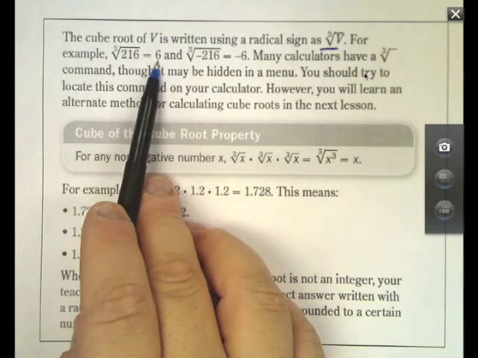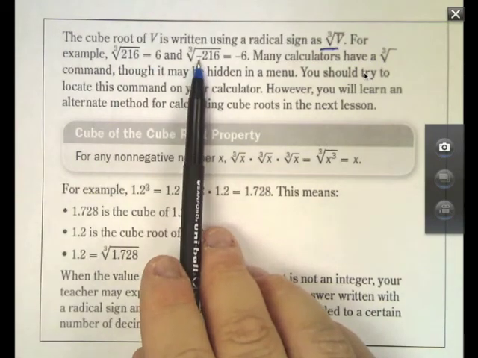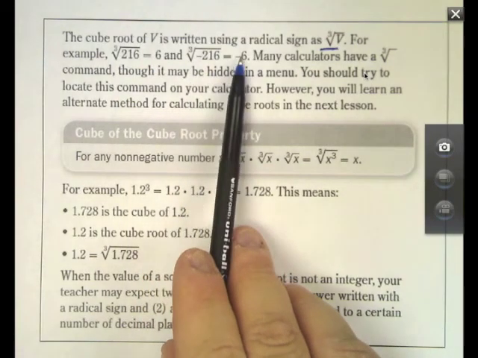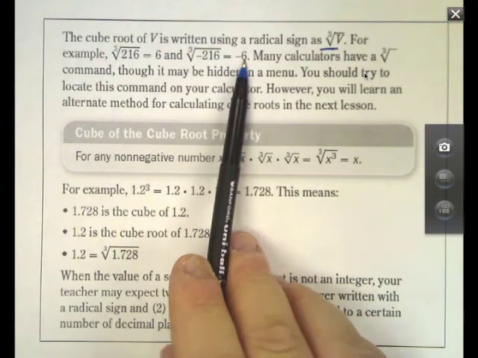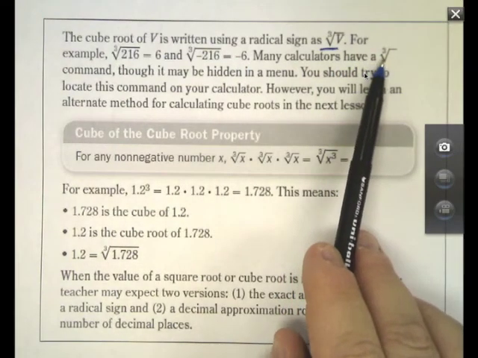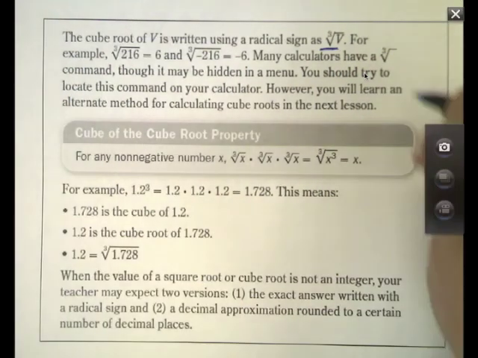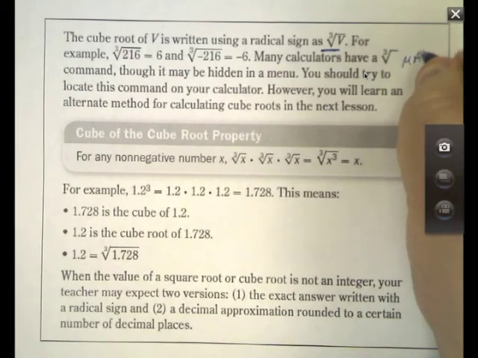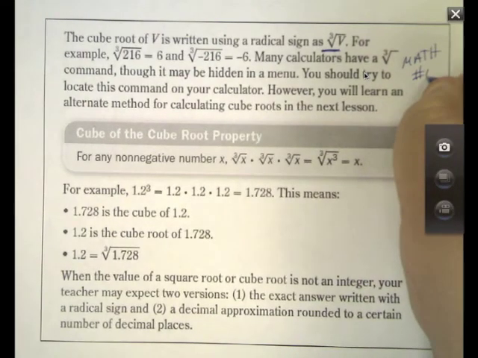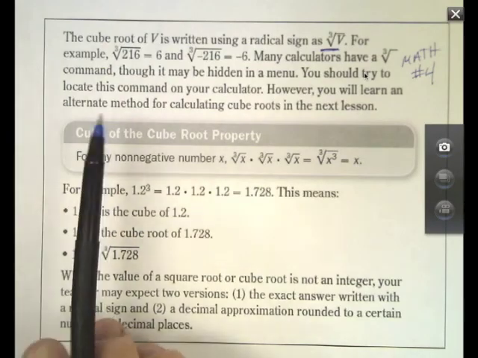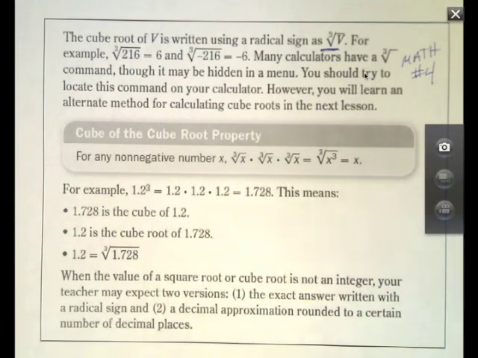It says the cube root of v is written using a radical sign as the cube root of v. Okay, we just did that. Showed you one of those. You're going to have to do that by yourself. For example, the cube root of 216 is 6. The cube root of negative 216 is negative 6.